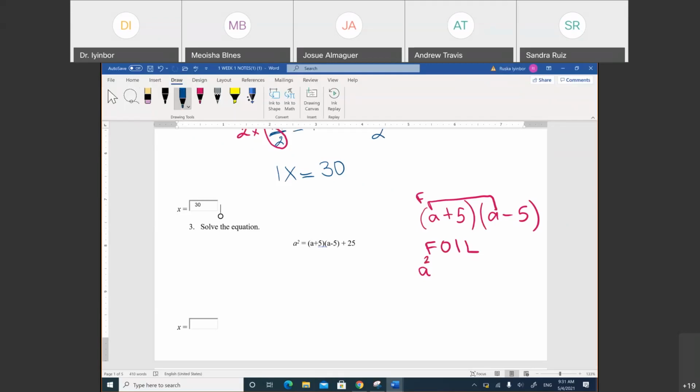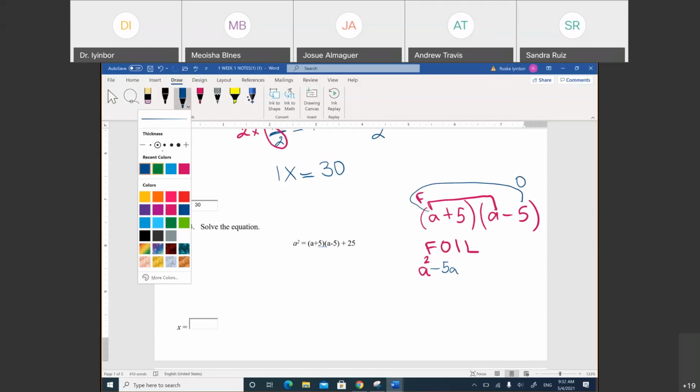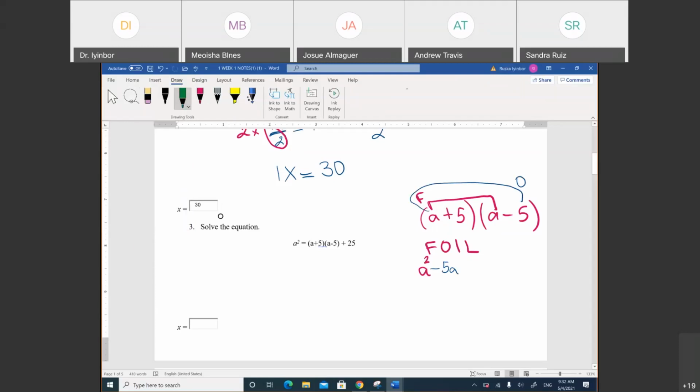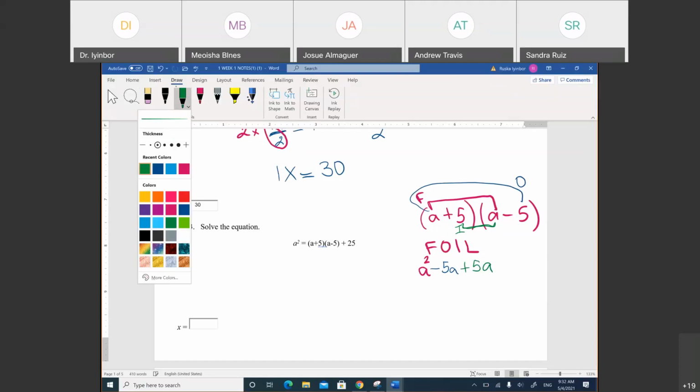Then O is for the outsides. So multiplying a times -5 is -5a. Okay. Then after that, you're going to do the inside. That's the I, for inside. So what is 5 times a? Plus 5a. Okay? And then we're going to do L, which stands for the last.